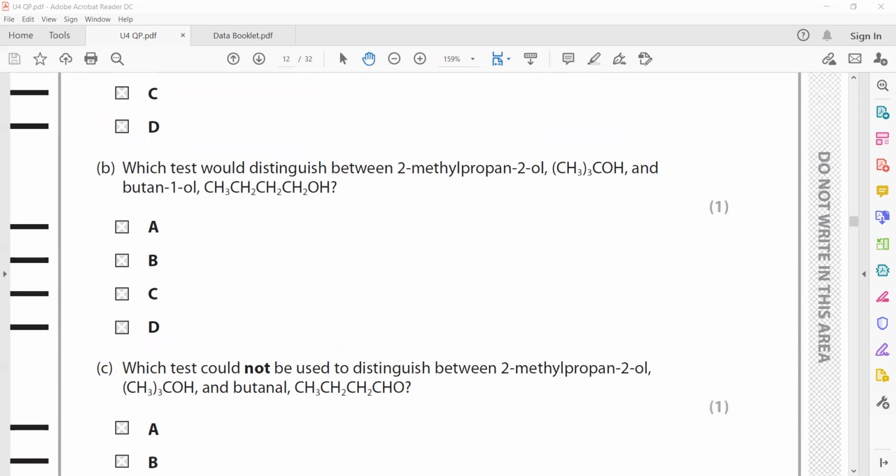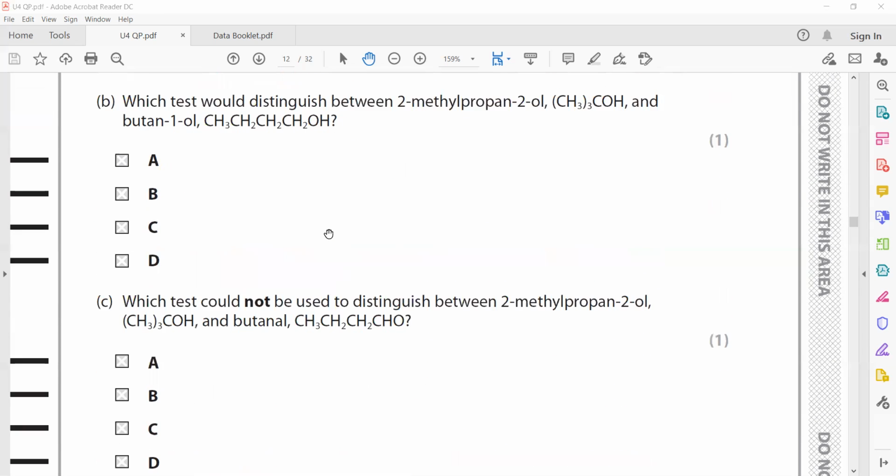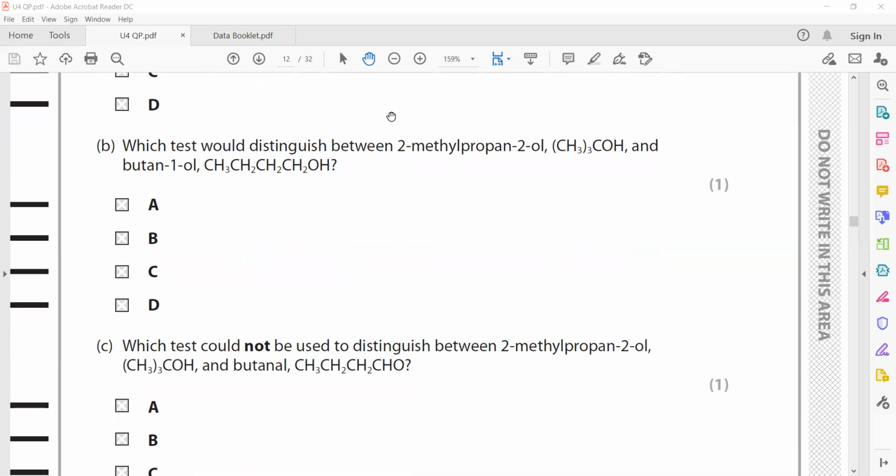For part B, the question is which test would distinguish between propan-2-ol and butan-1-ol. Basically, one is a tertiary alcohol, which cannot be oxidized, and butan-1-ol is a primary alcohol which can be oxidized, so we can use an oxidizing agent, which is potassium dichromate(VI).